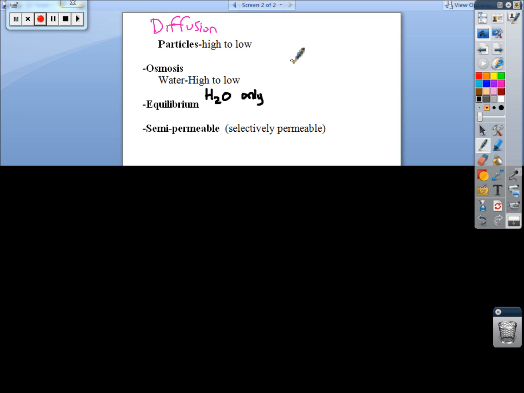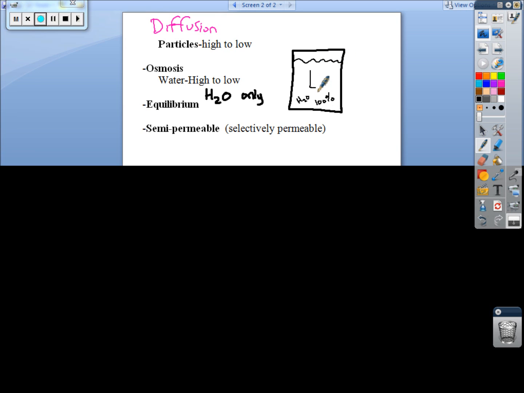So if we have, for example, a beaker full of water. This is H2O. It's 100% water. And then we take a baggie and drop it in this water.